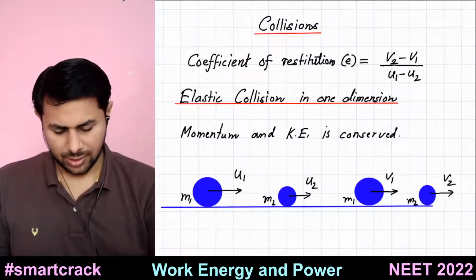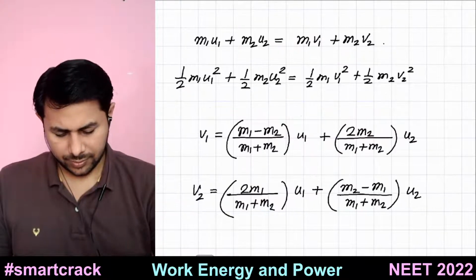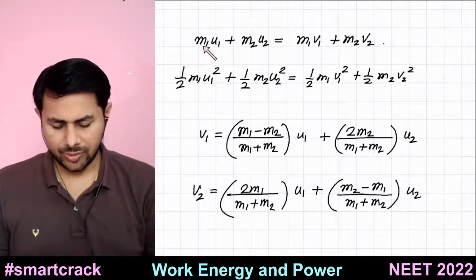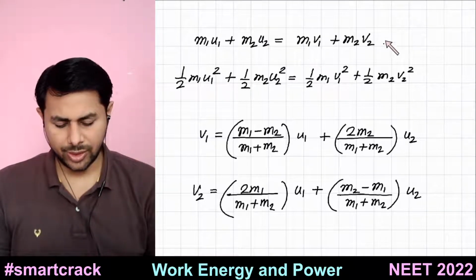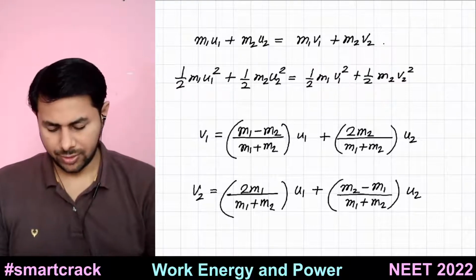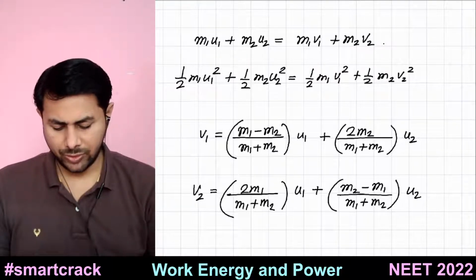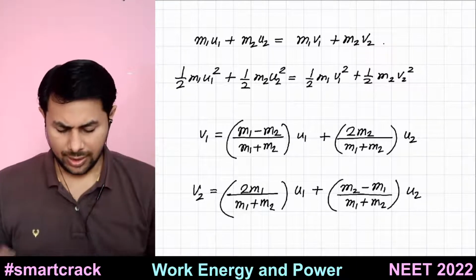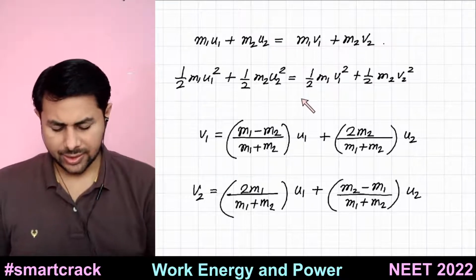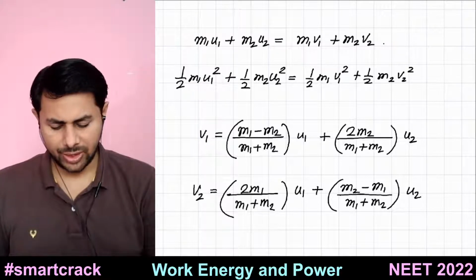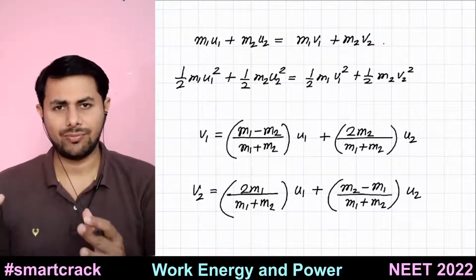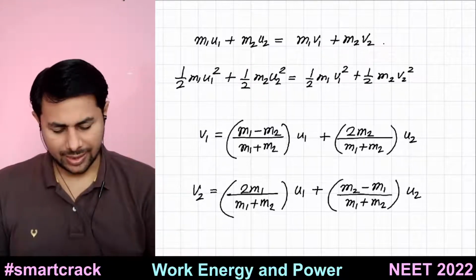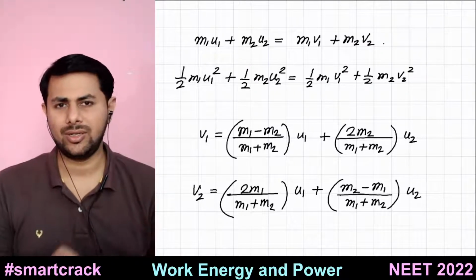Since momentum is conserved, I can write total momentum before collision equals total momentum after the collision: m1 u1 plus m2 u2 equals m1 v1 plus m2 v2. Since kinetic energy is conserved, I can write the kinetic energy of the first body plus the kinetic energy of the second body before collision is equal to the kinetic energy of the first body plus the kinetic energy of the second body after the collision.